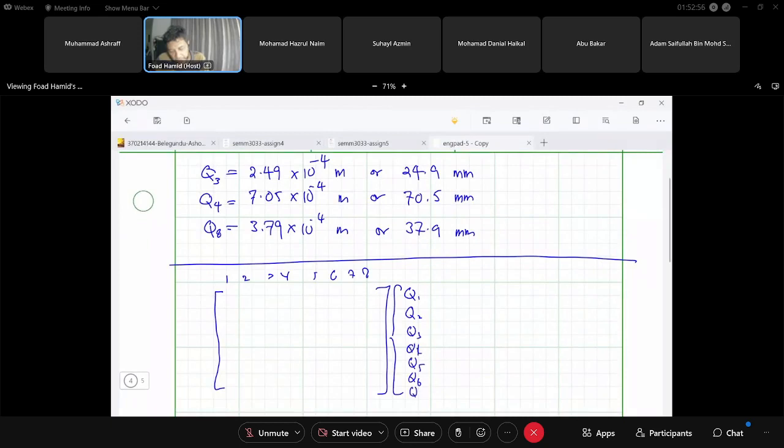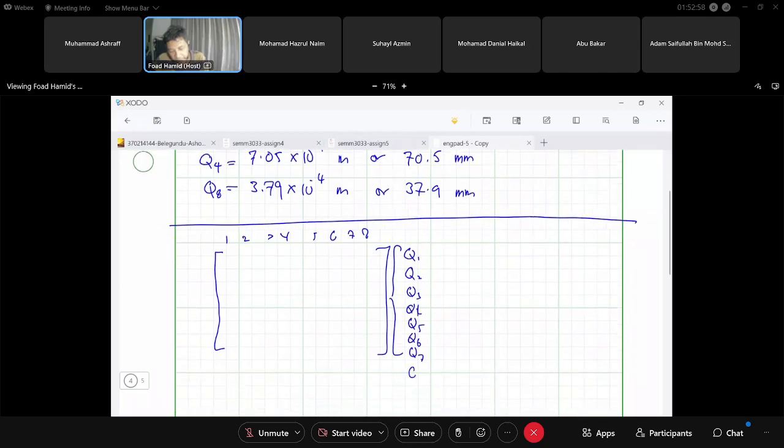Now we have an 8 by 8 matrix and a lot of calculations, because the matrix is huge. And of course we have our F here.